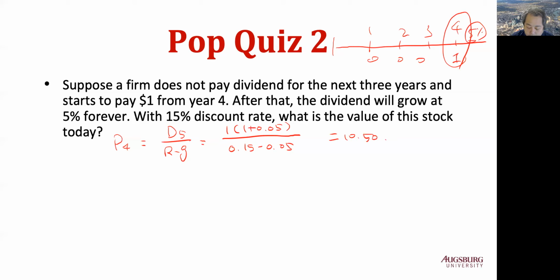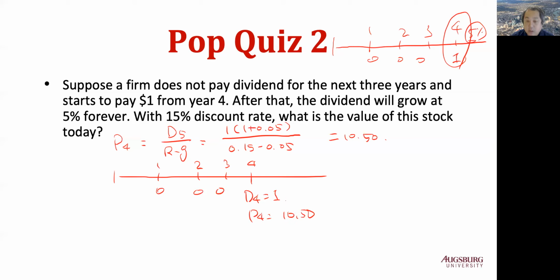So let's assume that we sell this stock in year 4. Now we have year 4, D4 equals $1 and P4 equals $10.50. And there's nothing else. So this is just a simple one-time lump sum cash flow.